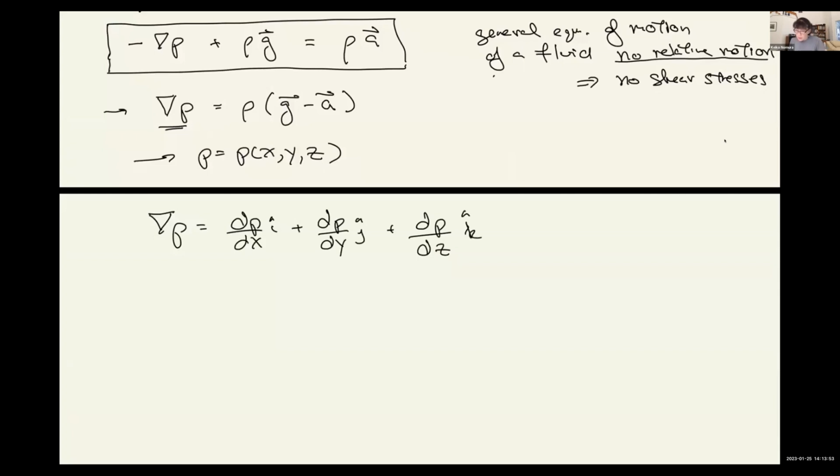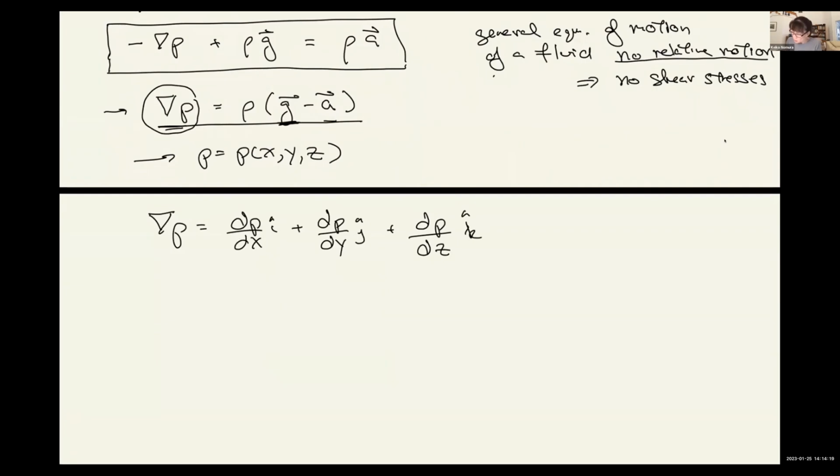So again, if we take Cartesian coordinates, what this equation tells us is that the direction of the variation of pressure in general is going to be G minus A. So it acts in the direction of the G vector minus A vector.